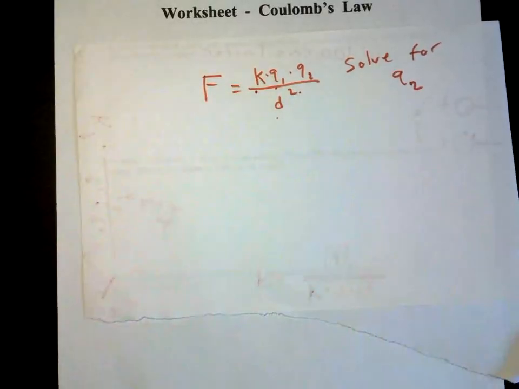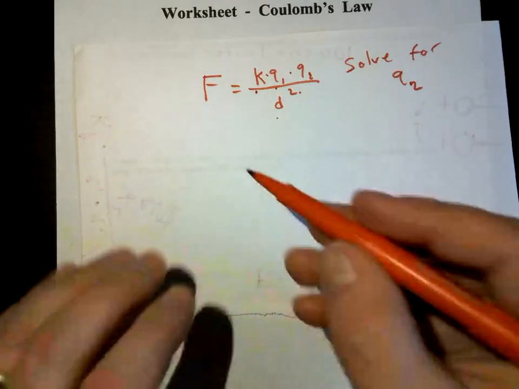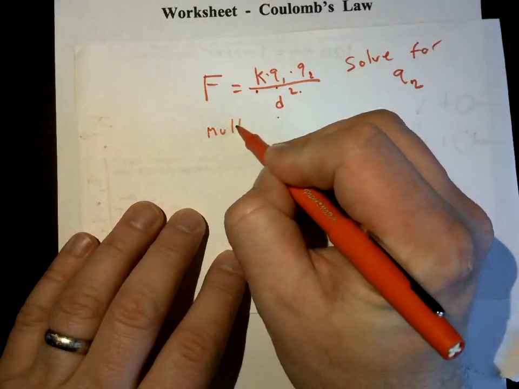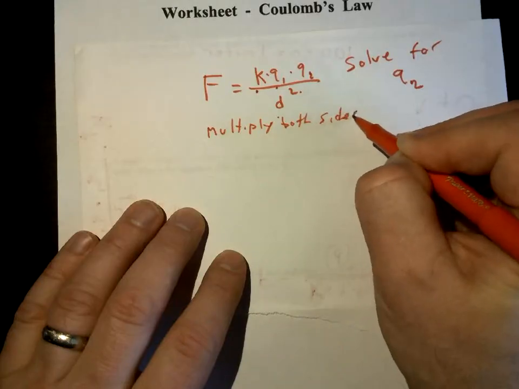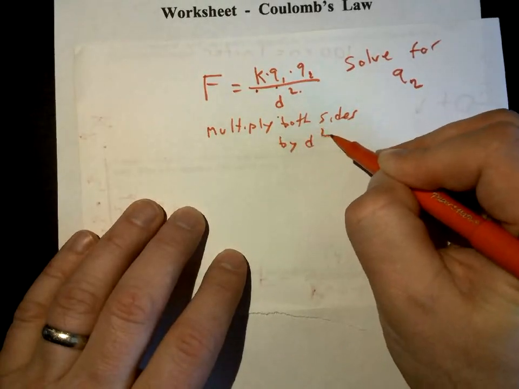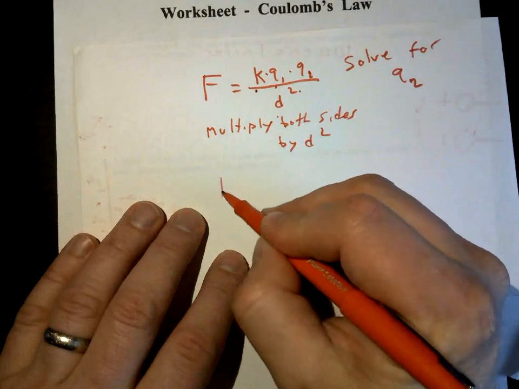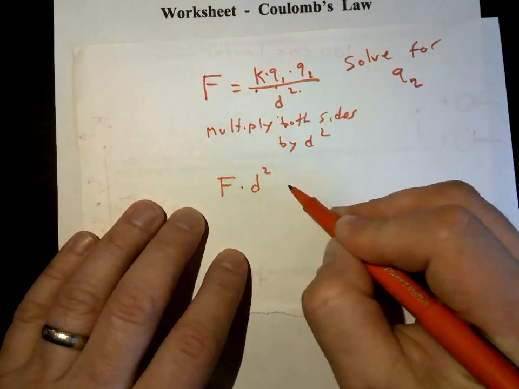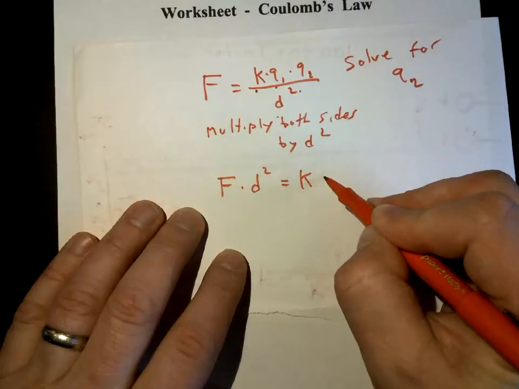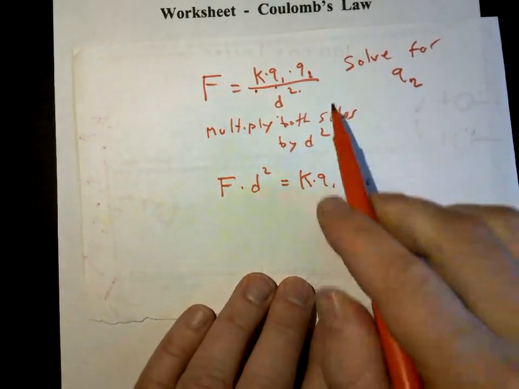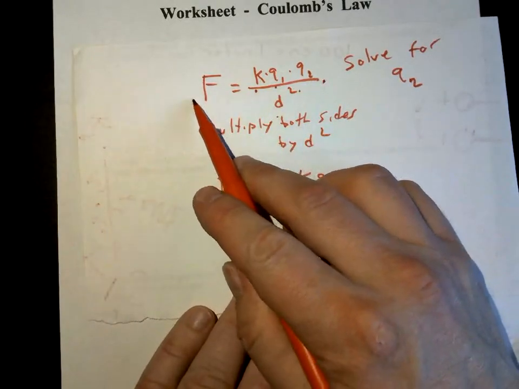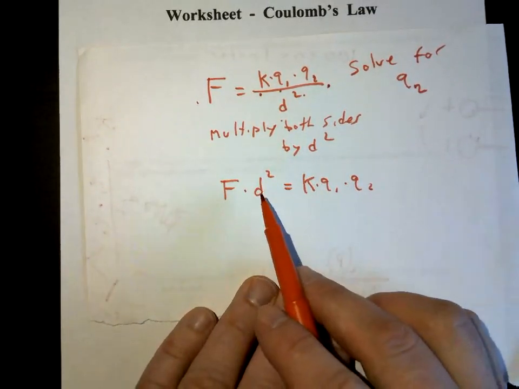The first thing to do is get rid of the d squared, the division. Remember how to get rid of the division? You multiply both sides. If I multiply both sides by d squared, I get F times d squared equals k q1 q2. What I do to one side, I do to the other side. What am I looking for though?